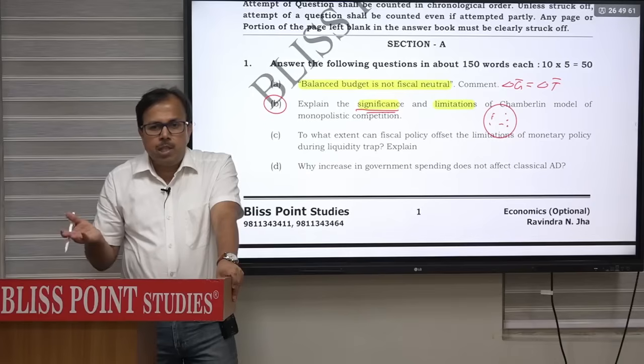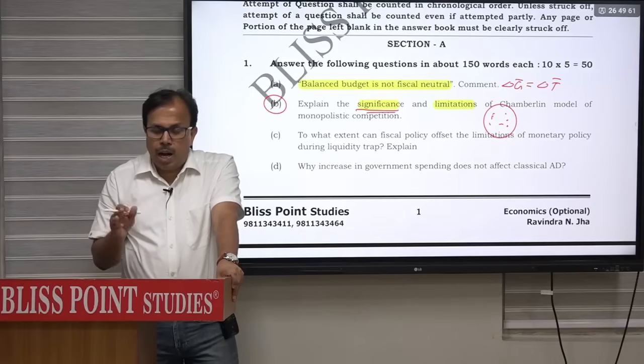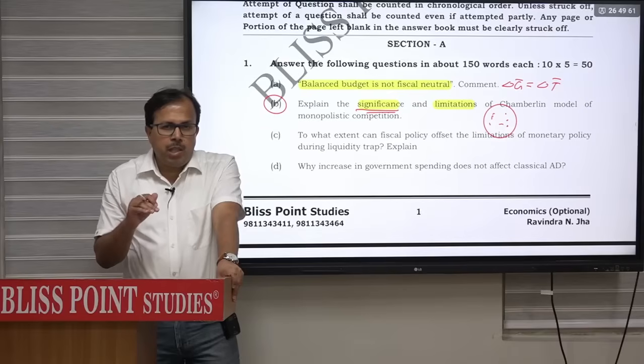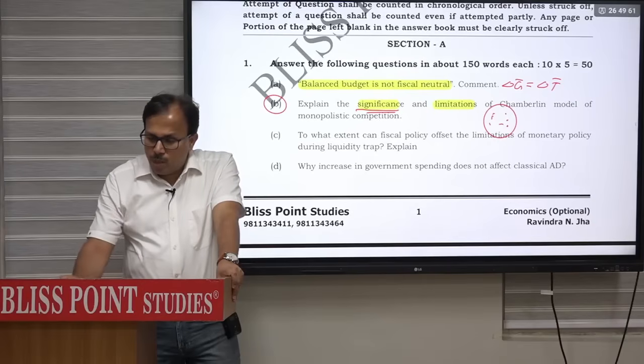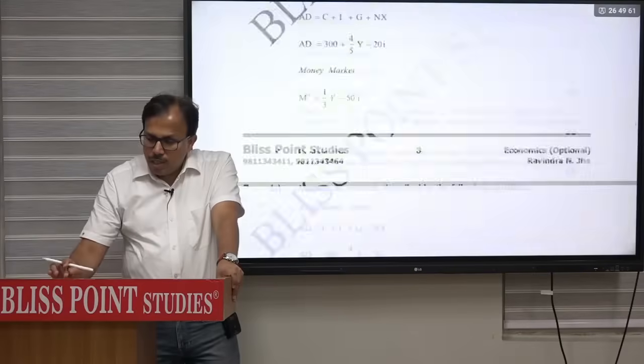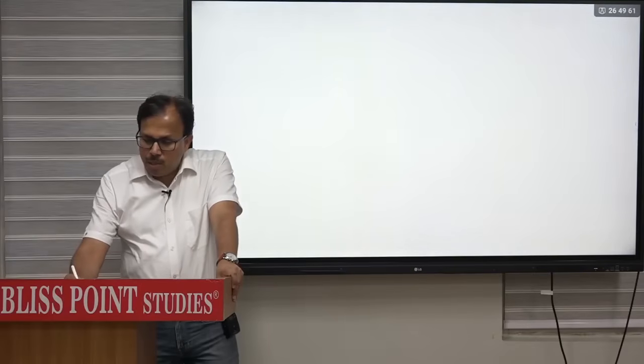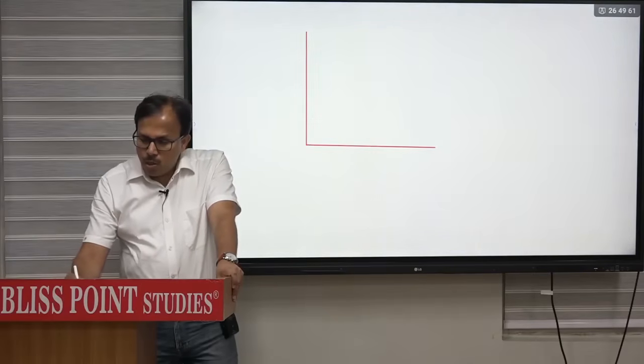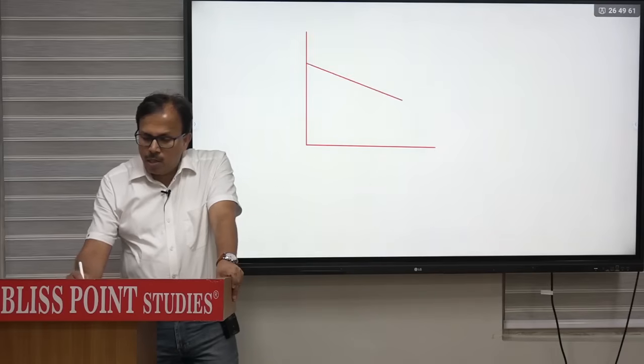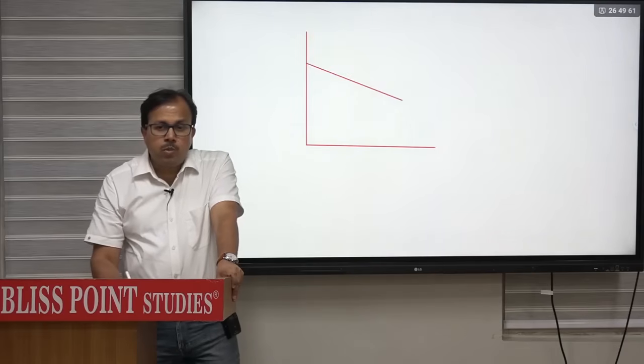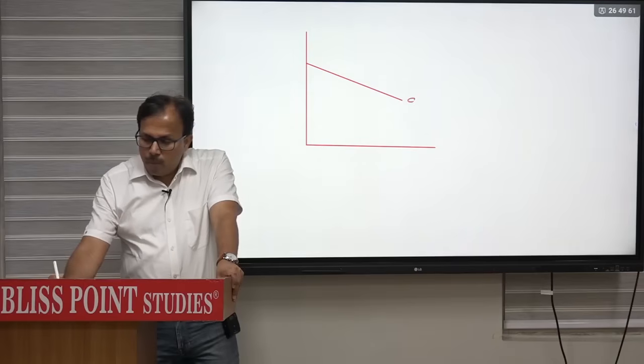Chamberlain added the concepts of the perceived demand curve and the proportional demand curve, and by combining these two you get the kinked demand curve, which has been used extensively in the oligopoly model. So one significance is product differentiation. Second significance is the introduction of the perceived and proportional demand curves. The perceived demand curve is drawn on the assumption that others will not change the price, and the proportional demand curve is drawn on the assumption that all will charge the same price.